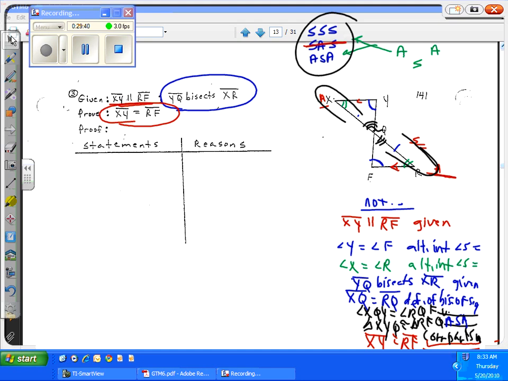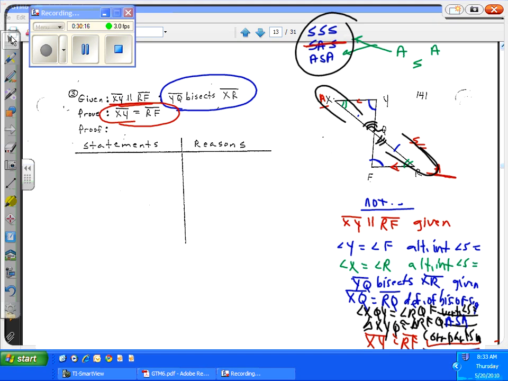And again, we can say they're equal because they're vertical. And all of a sudden, we don't need something else to go with vertical angles, and it seems like we're finished with our proof. To say corresponding parts, we needed to know they were congruent with a reason. So we had to work for a reason, and we got it: angle, side, angle. But to say that, we needed to know that the angles at Q were equal. So that opened up another reason to hunt for. And we got vertical angles, which is in the picture.